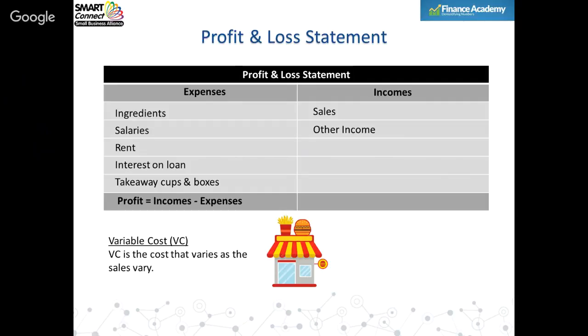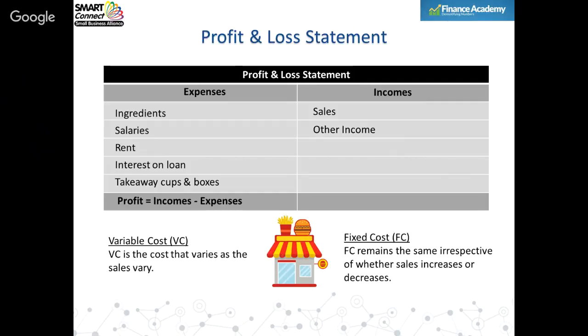It varies along with the sales. Whereas fixed costs are costs that will remain fixed irrespective of whether sales increase or decrease. So expenses, we have divided into variable cost and fixed cost.